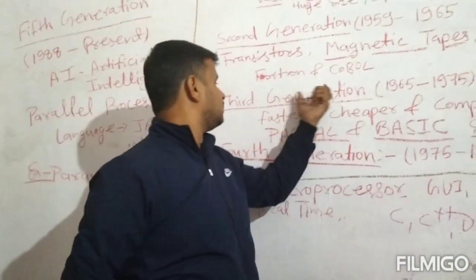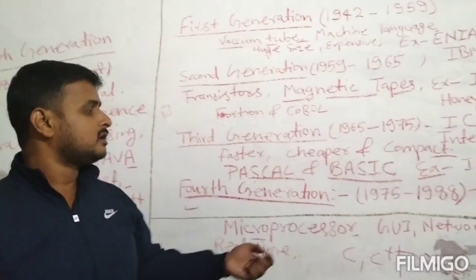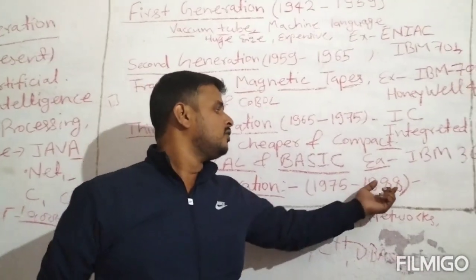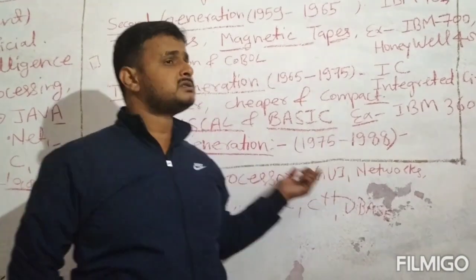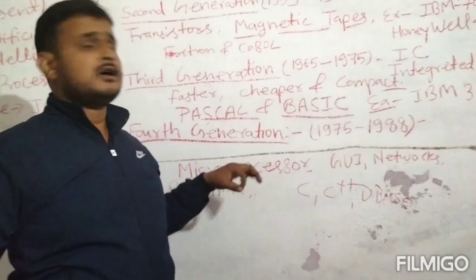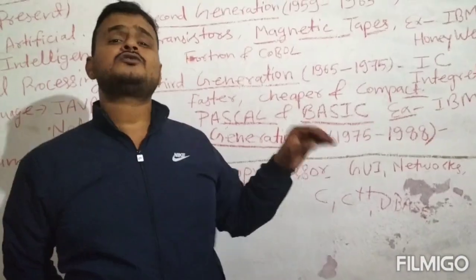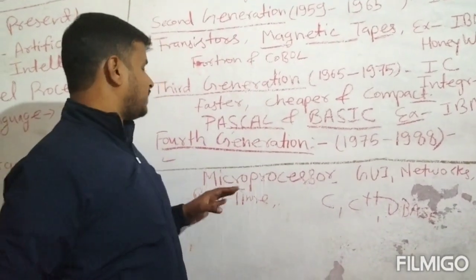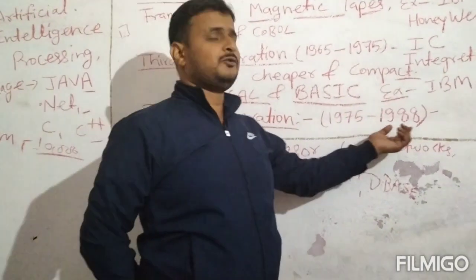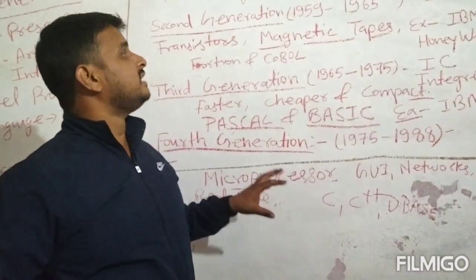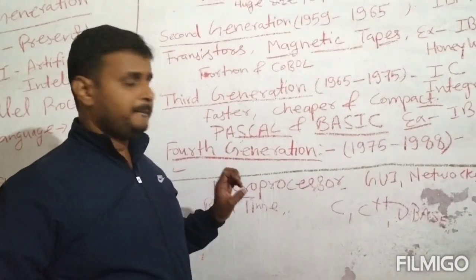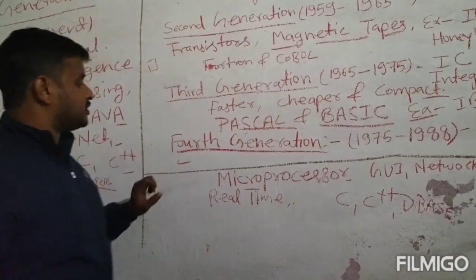The fourth generation, from 1975 to 1988, and we can also say 1975 to present, because nowadays fourth generation computers are also used. The microprocessor is the main component used in fourth generation computers.